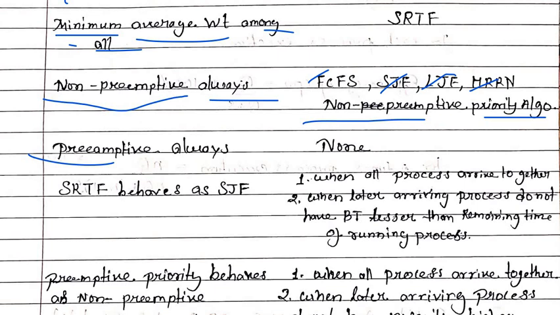In some conditions, a non-preemptive algorithm becomes preemptive. Like in the previous one, multi-level queue: if the process is not preempted, but if a new process comes in a higher priority queue, then the process will be preempted.